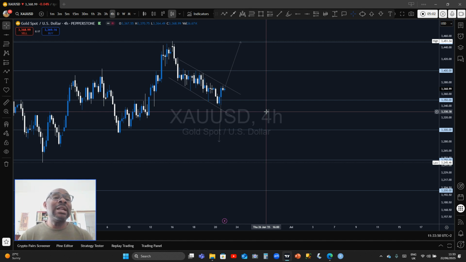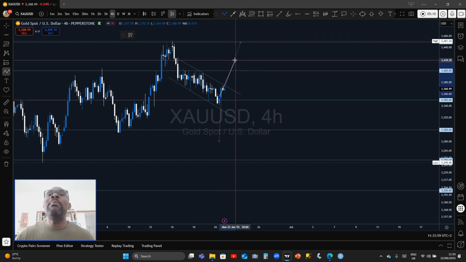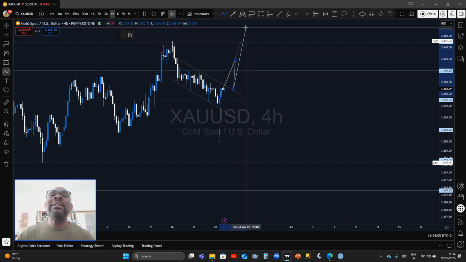Once the new price has been accepted, then price will come back. Once there's a breakout, price will come back to fill the remaining orders before it finally pushes to the upside.